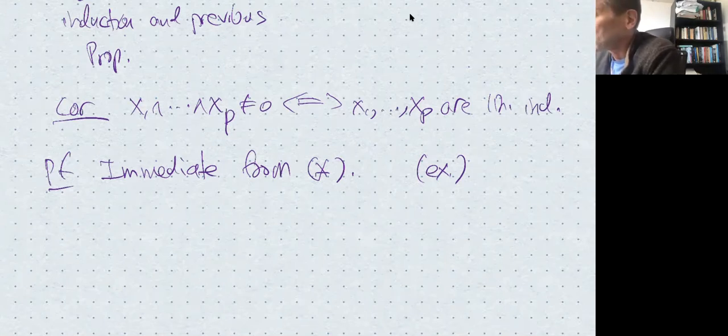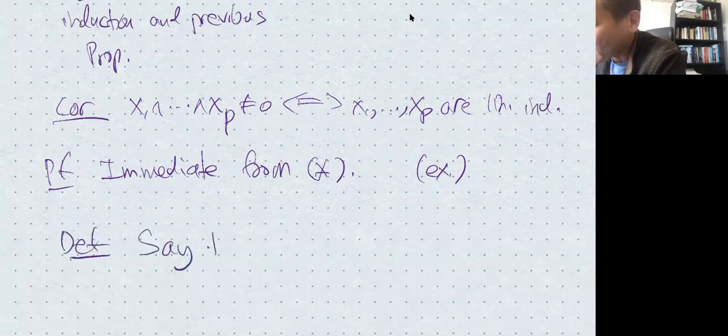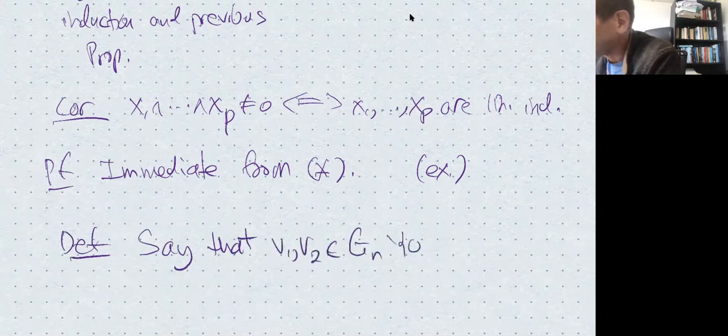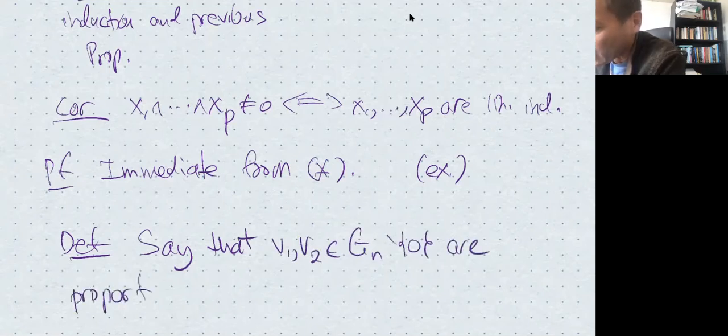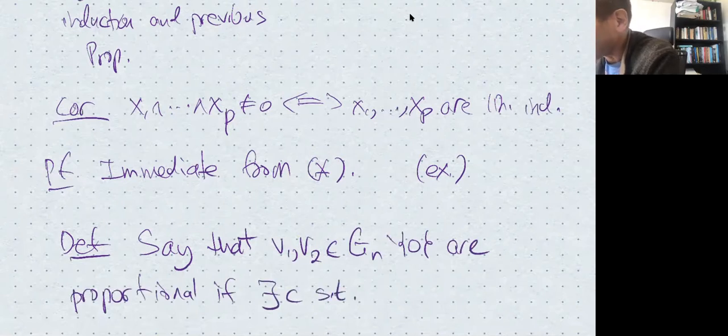So let's have another proposition. Let's say the definition: two non-zero vectors in general in this Grassmann algebra are proportional if there's a scalar c such that v2 equals c v1.